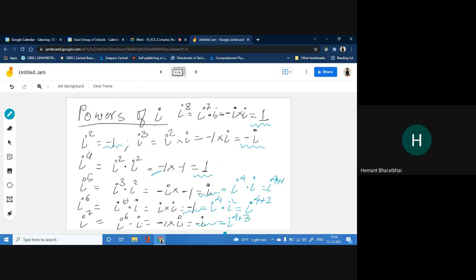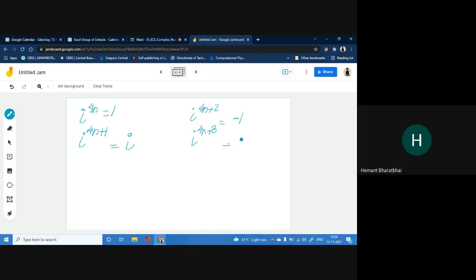So if n is 1, it will be 4 into 1 plus 3, which gave me minus i. So this will be minus i. So this thing you will have to remember like a formula.